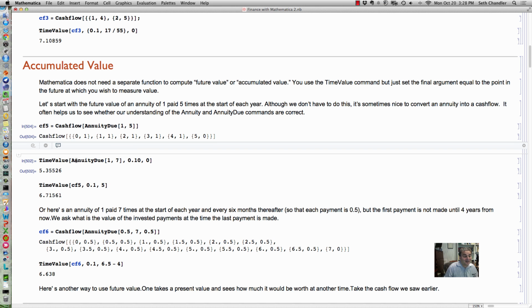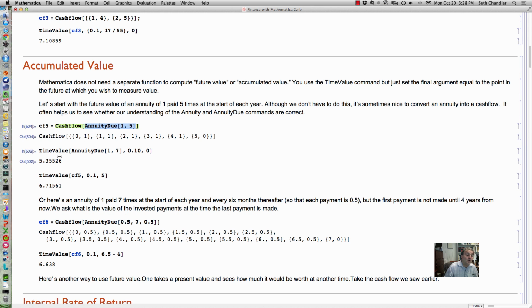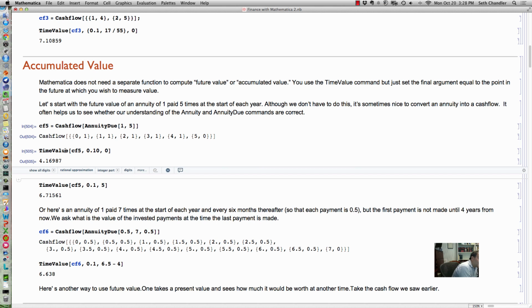Once you've stated this as an annuity due, or converted it into a cash flow, you can ask what's the present value of it by setting the measurement time to 0. Here I'm asking, what's the present value of an annuity due that pays 5 times? And it's going to tell me it's $4.16.